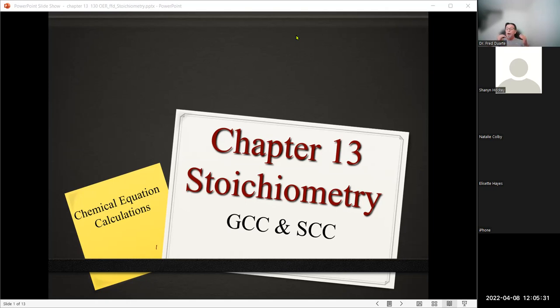Now, we have been balancing equations. We started with the 6 different types of equations, and then we discussed how to balance each one.